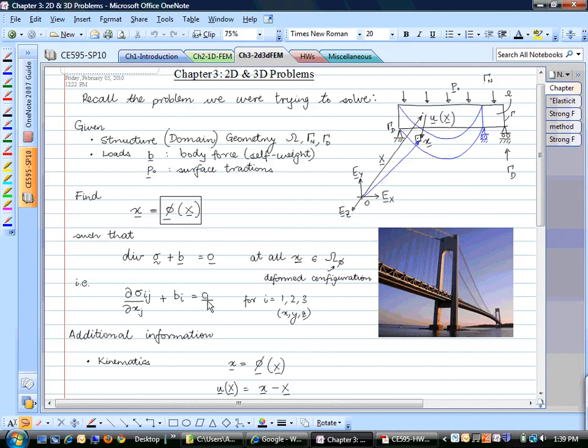So in general, you will have a dynamic term sitting in here, which says rho u double dot. The actual full analysis problem is, given a time varying load, tell me how the structure responds in a certain time interval. This is the forward problem: if somebody gives you the structure, find the time-dependent deformation of this structure.